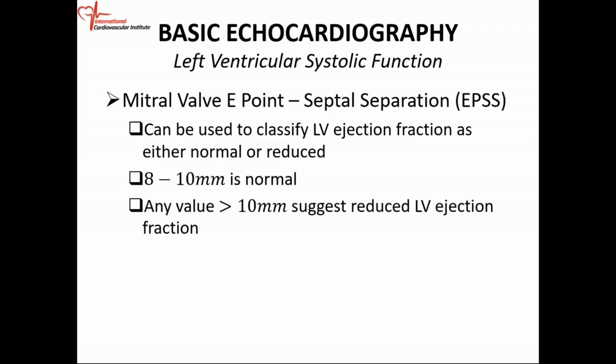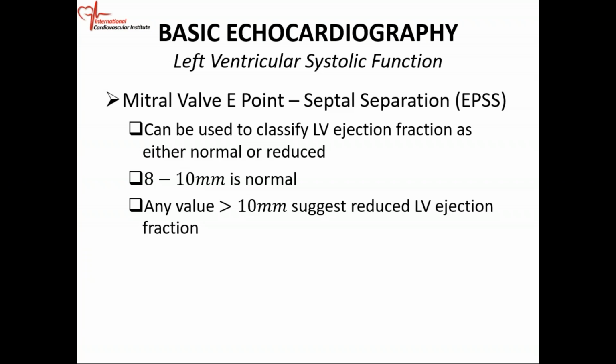If it's more than 10 millimeters, it suggests that the LV systolic function is reduced. All right, so we use it to classify ejection fraction as either normal or reduced. So we cannot give ejection fraction a specific number by looking at the mitral valve E-point septal separation. We can say it's normal or the LV systolic function is reduced.